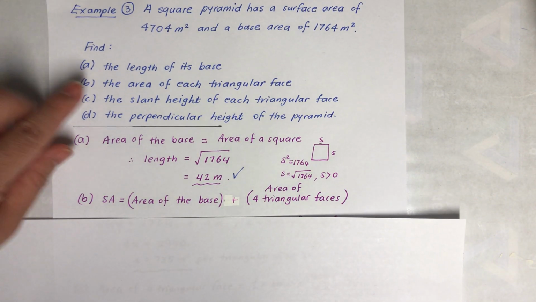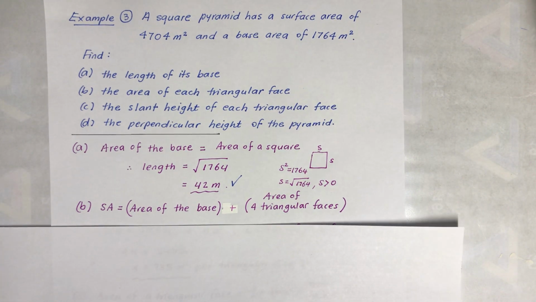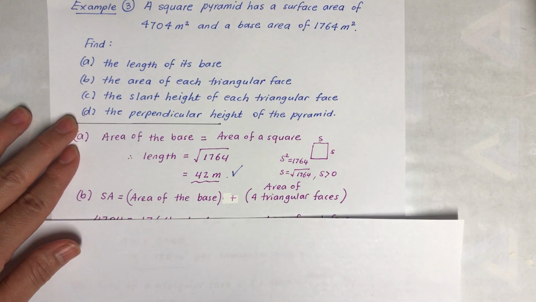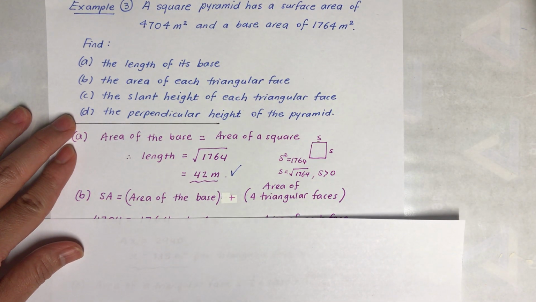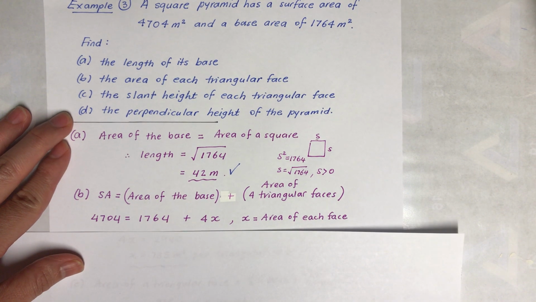That's not too bad. Part B says the area of each triangular face. Now, for the triangular face, we're going to use information from the question. The surface area was the area of the base plus the area of 4 triangular faces. So I'm going to put that in.